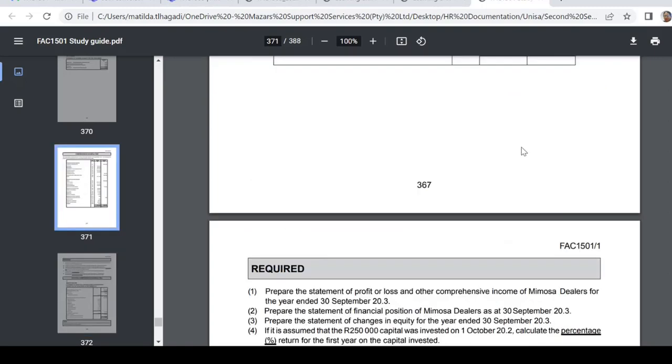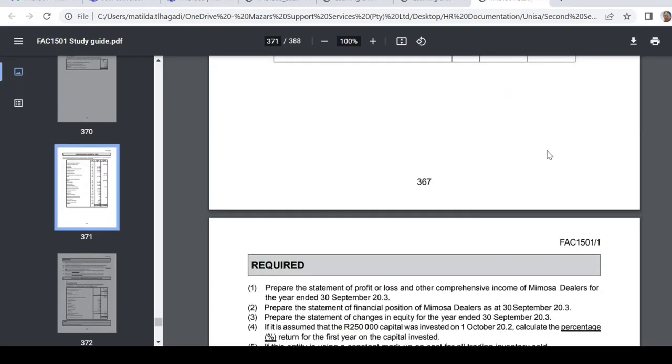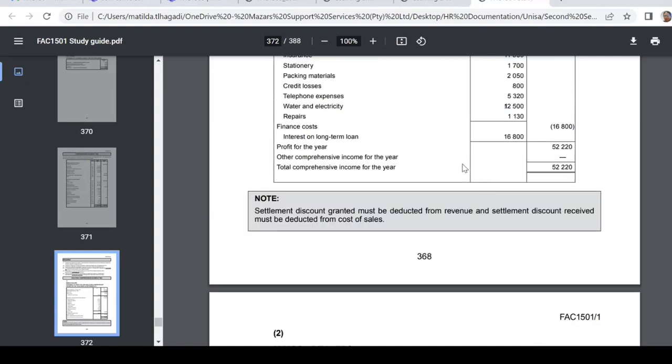And then the other income is this one. And then they said distribution, administration, and other expenses. So basically, I think this here is the total of that. Yeah, total of this. And then let's see, this is the profit.